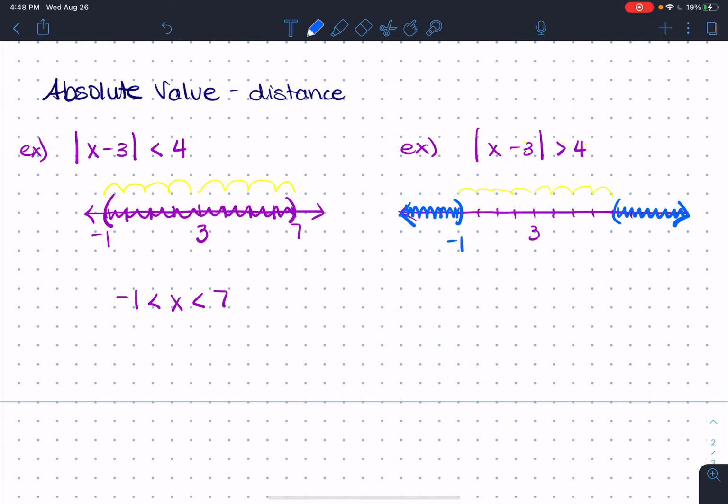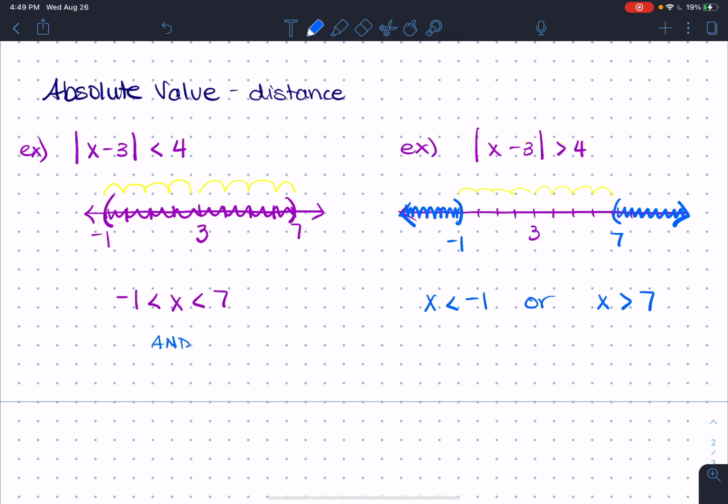Well, this is still a -1 and a 7, but this time I want x to be less than -1 or greater than 7. And so that's always going to happen. When you're dealing with absolute values, if you're talking about a distance that's less than a number, you end up shading in the middle. You shade in between, so you actually have an and kind of problem.